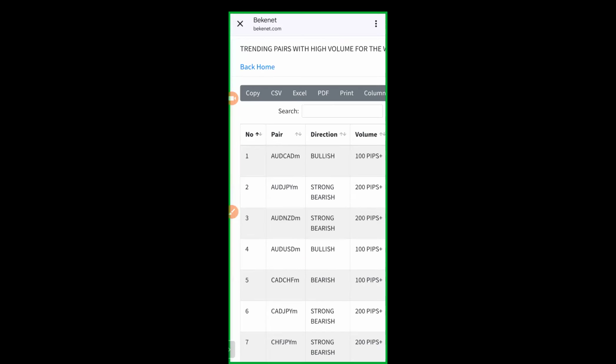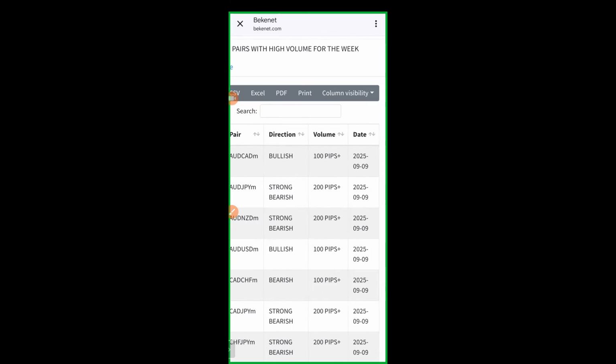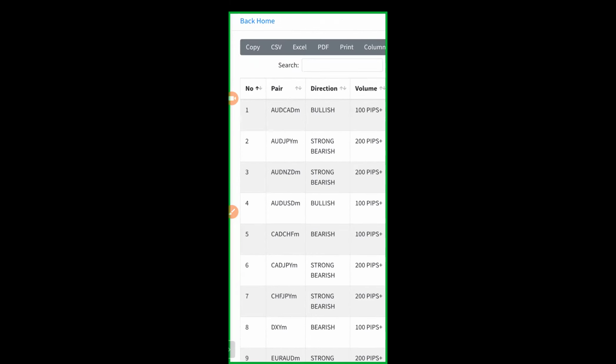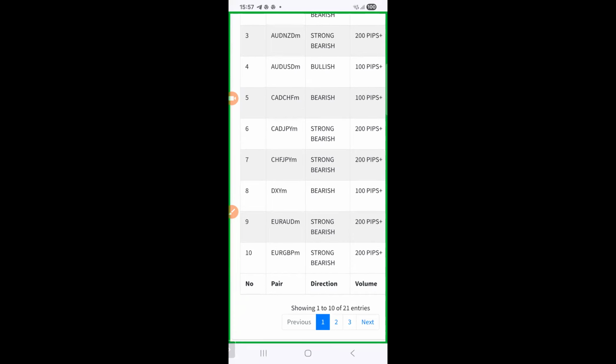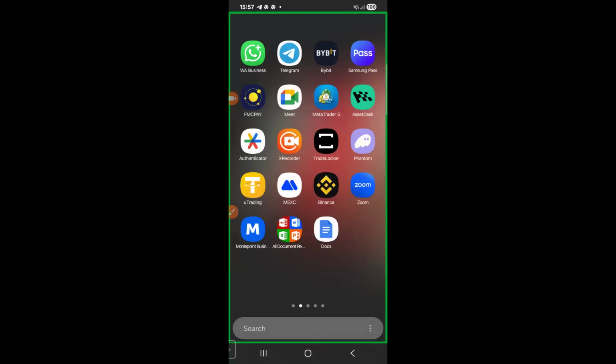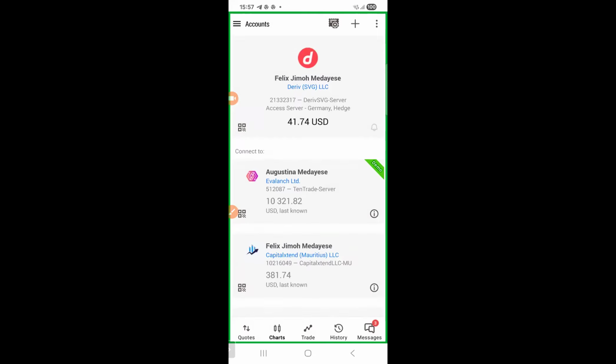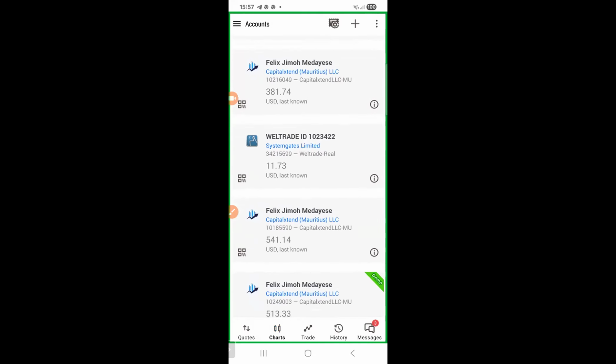So AUD JPY, AUD SGD, strong bearish. I don't trade those things anyway. You see this. So let's go to the Forex.